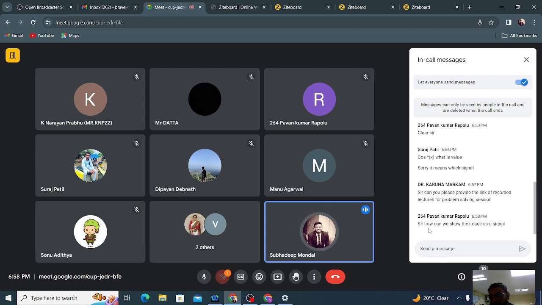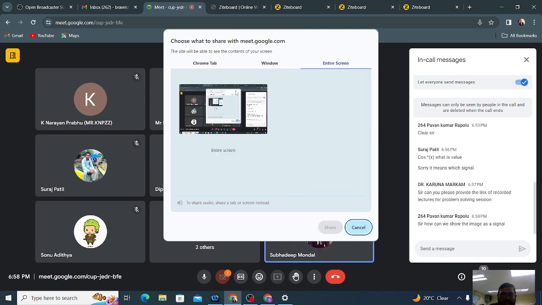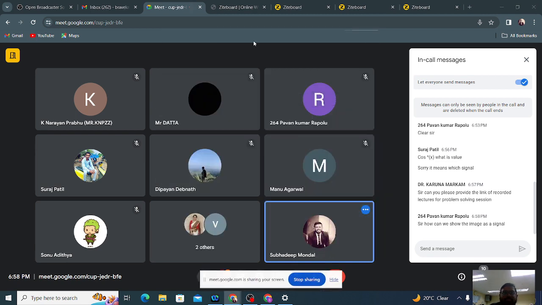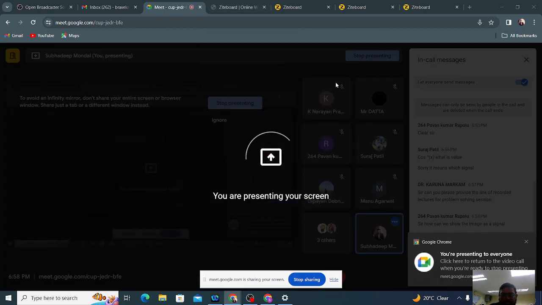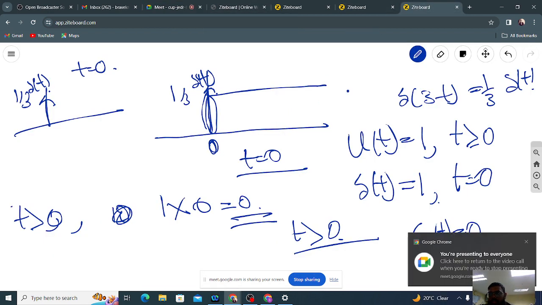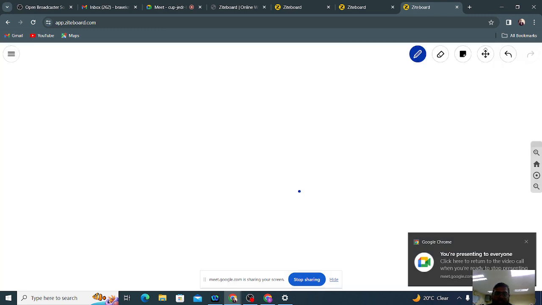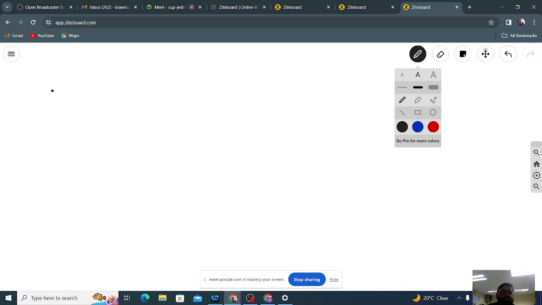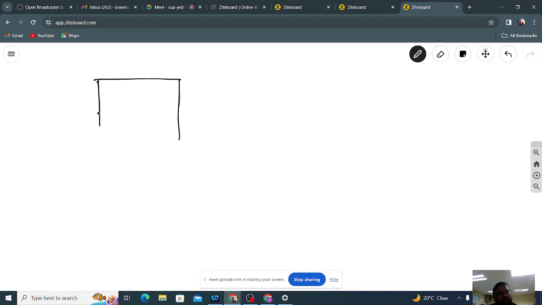How can you show the image as a signal, right? Okay, just let me try it once. I think it will be easier. So suppose we have something here, and there is a concept like pixels. I think everybody knows pixels. We do not process the image as continuous values.